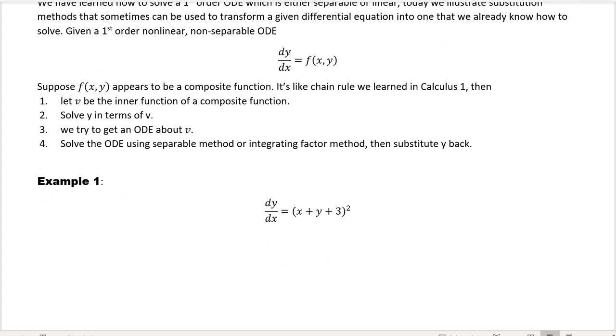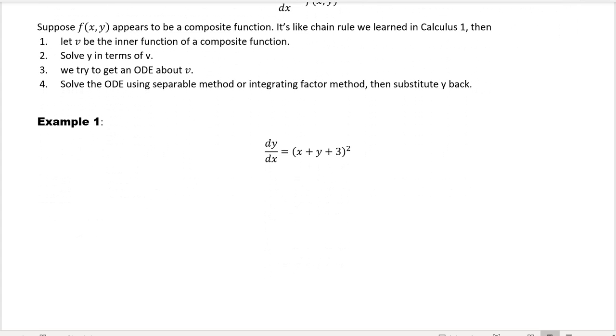Okay, let's see how to solve it. Now we have example 1, dy dx equals (x plus y plus 3) squared. And now you can see the right hand side is a composite function where the inner function is x plus y plus 3. So then we let this guy be v.